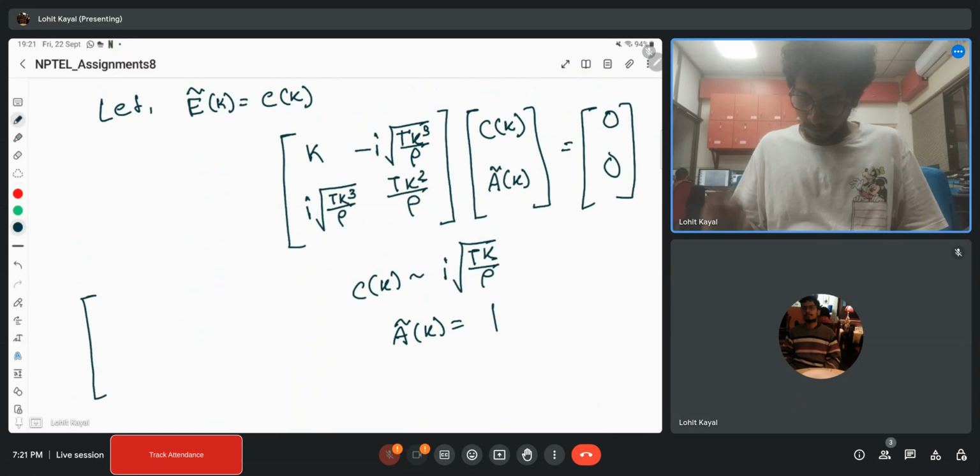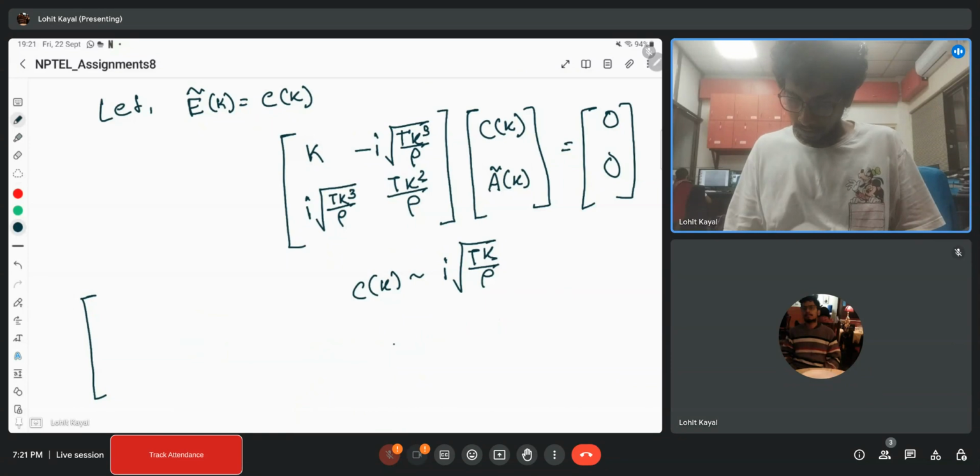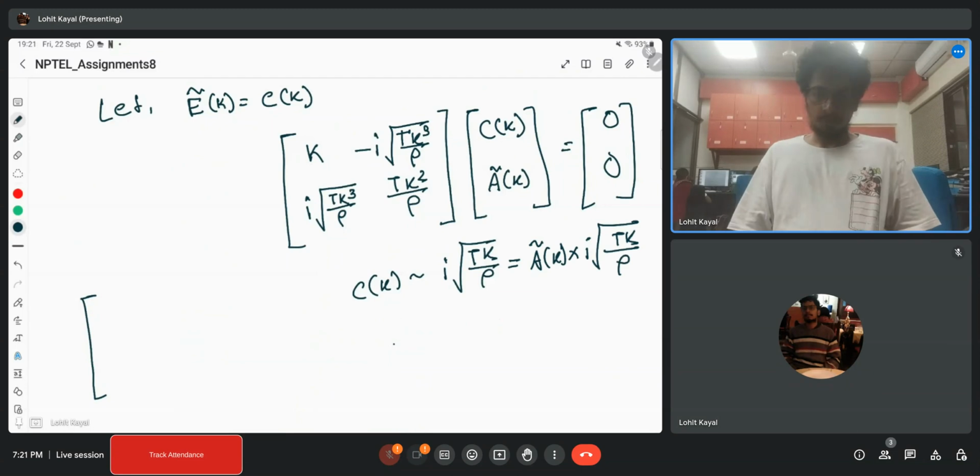Sorry, if I put 1 here, I can write c k equal to a tilde k times i square root of Tk by rho. So I can write the solution like this.